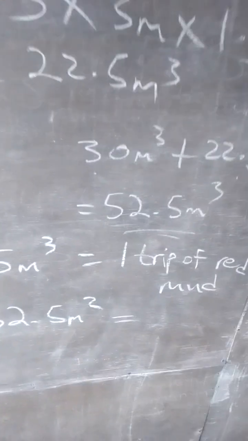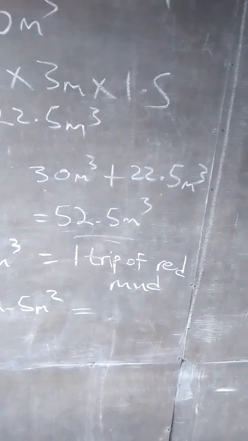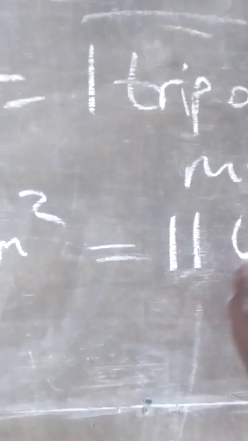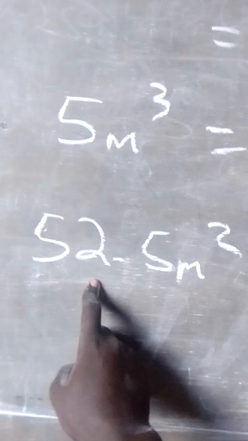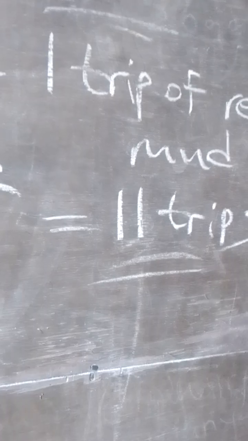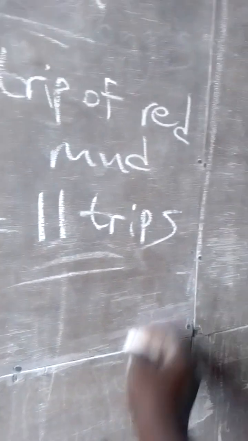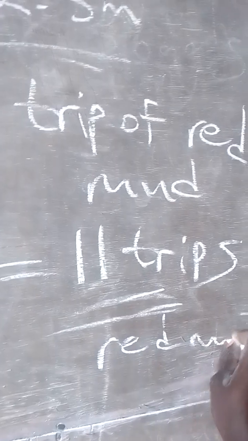If you do the mathematics, what you will get is approximately 11 trips. That's how to do it. You get approximately 10 point something, but approximately 11 trips of red mud.